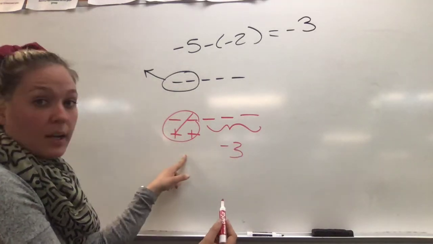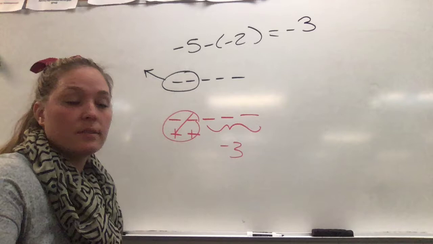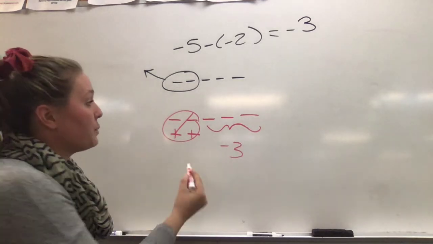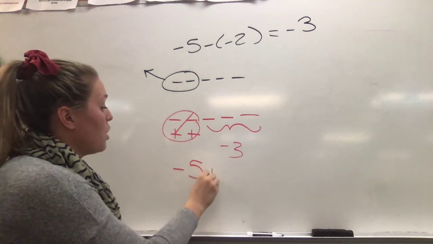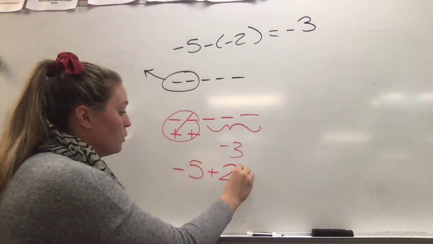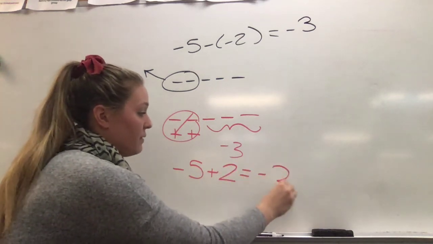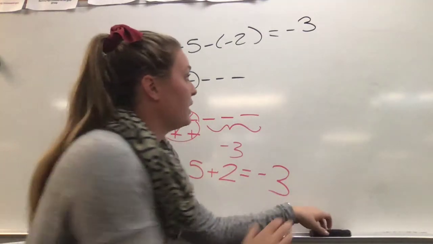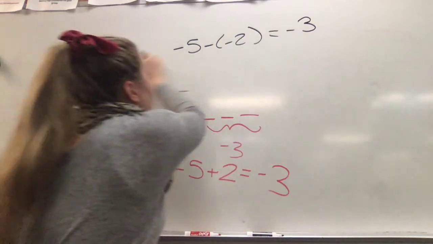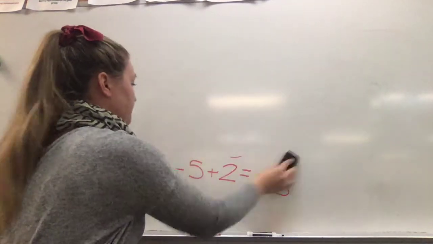So what we did here, and we'll rewrite this as an equivalent expression, is this is the same thing as negative 5 plus 2, which is again negative 3.